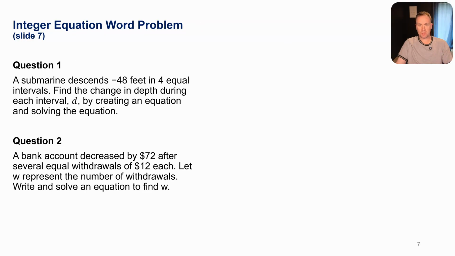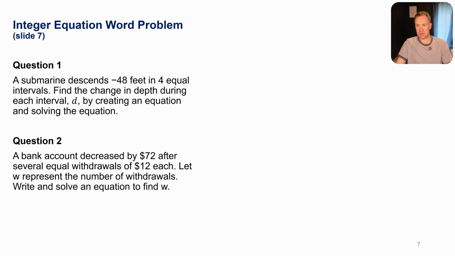Okay, so starting with this first question here, we have a submarine descends -48 feet in 4 equal intervals. Find the change in depth during each interval d by creating an equation and solving that equation.